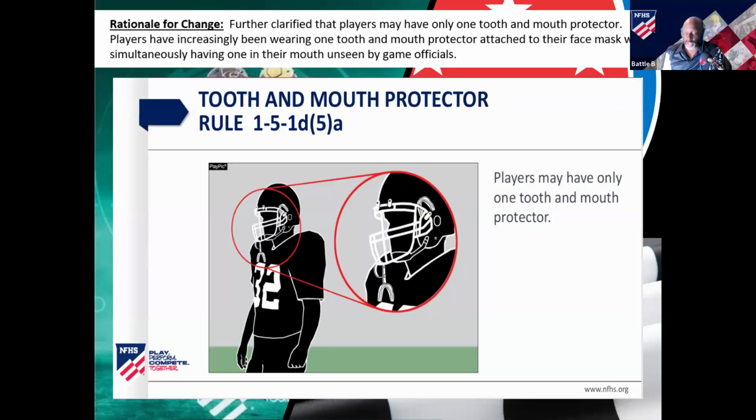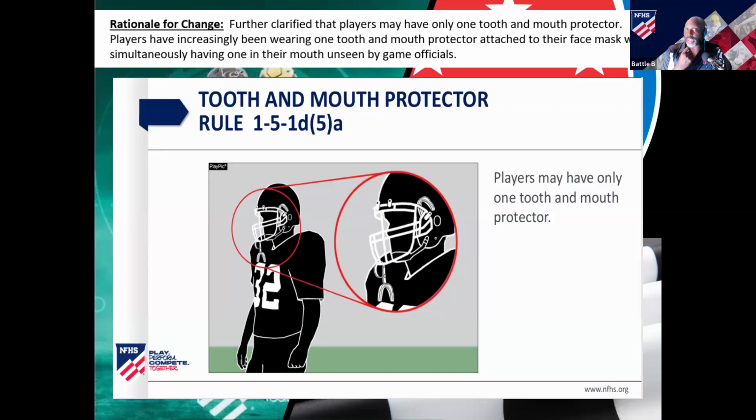And the reason why this is so important is because if I'm supposed to stop the game because you're not wearing your mouthpiece and send you out, only to stop it and see that, oh, you got one in, how can we officiate if you're wearing one in your mouth and one on the outside? If we see the one dangling, we're going to think you don't have one in. So you're only going to have one mouthpiece.